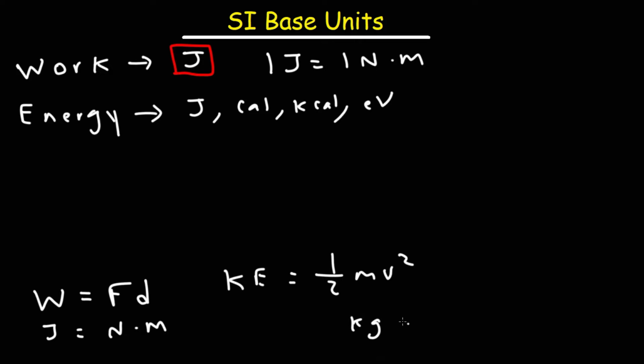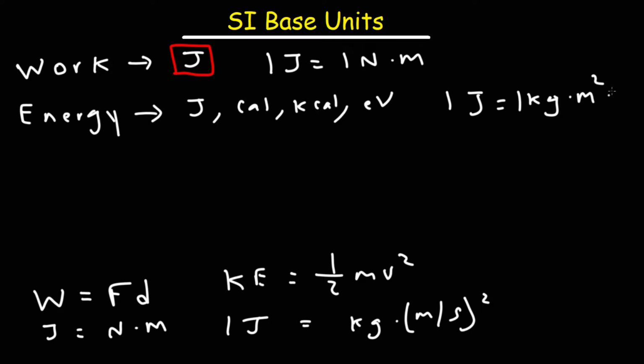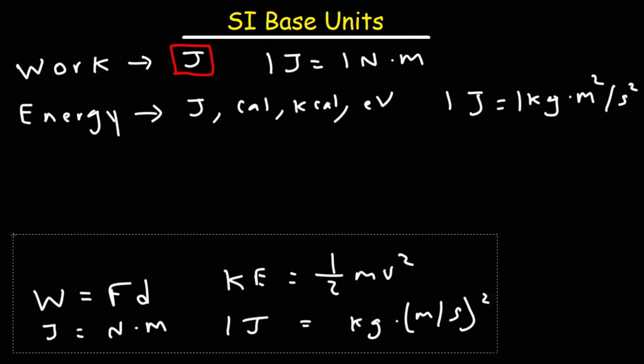The mass is in kilograms. The speed is meters per second, but it's squared. And that's going to be equal to a joule. So we can also say that 1 joule is equal to 1 kilogram times square meter divided by square second. So a joule is equivalent to those units as well.